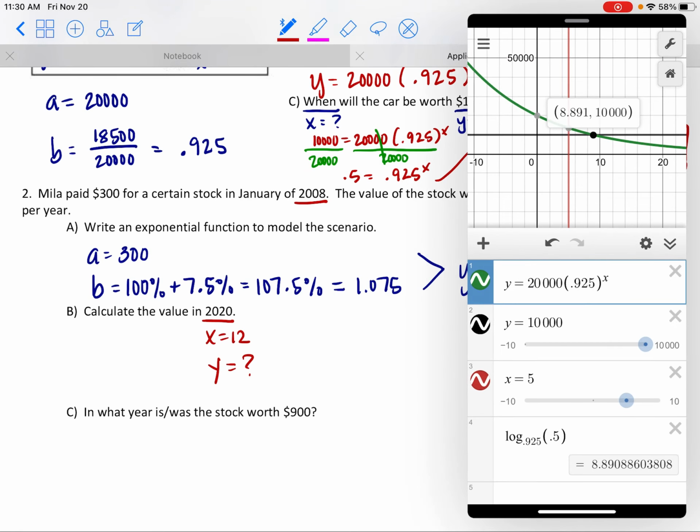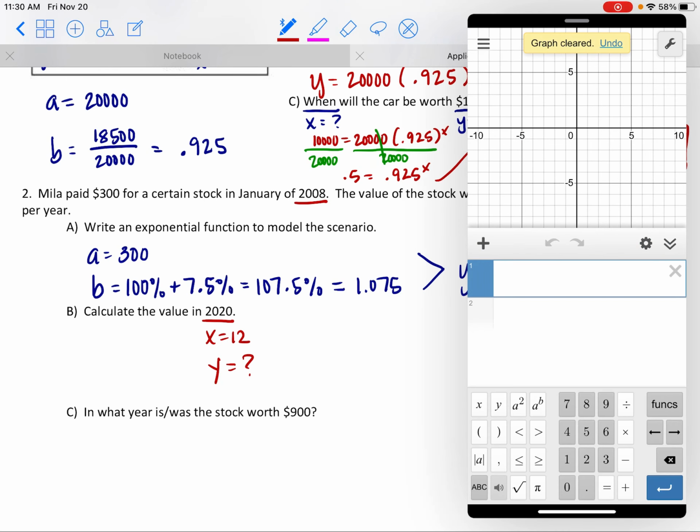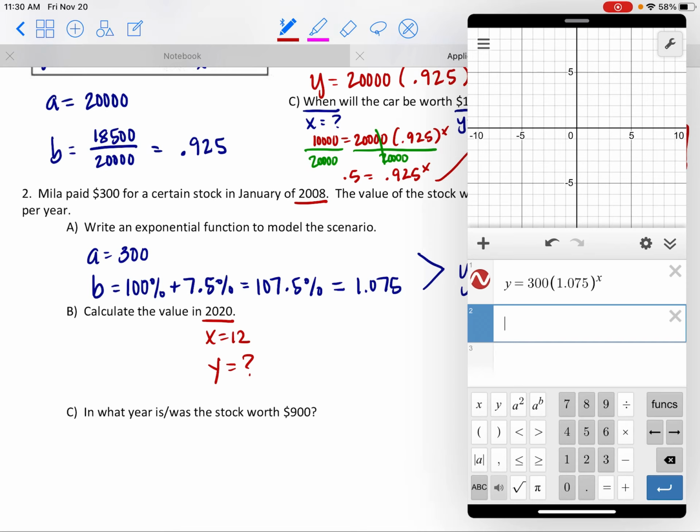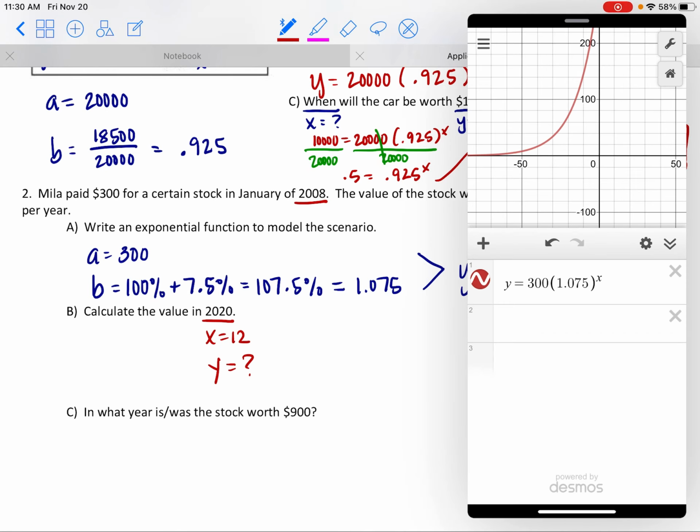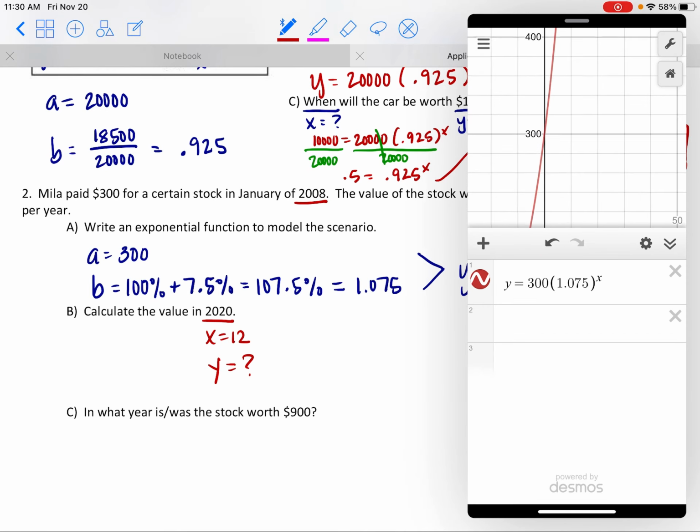So I'm going to put this model into Desmos and not solve by hand this time. So we have y equal to, we started at 300, and then we have 1.075, that's 7.5% growth, and then raised to the x power. So there's our function, and there it is on our actual graph.